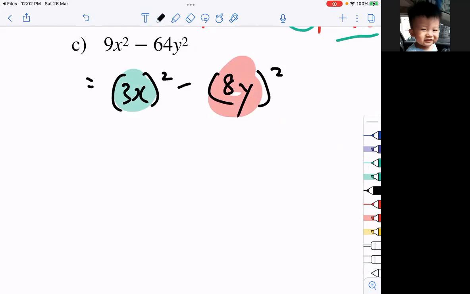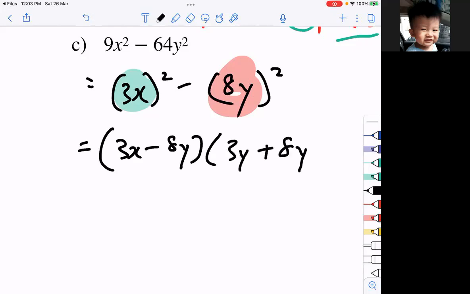Something square minus something else square. I can write it as something a plus b, a minus b, right? So can I just go ahead and do it? So what's my a? 3x. My a in this question is 3x. What's my b? No, I minus already. So just tell me the value of b. Then a again plus b. This is the third formula.